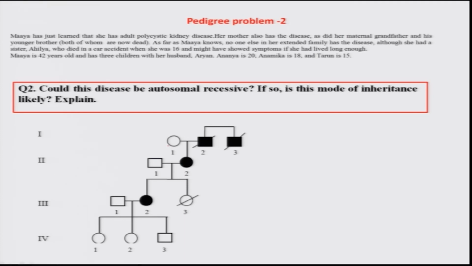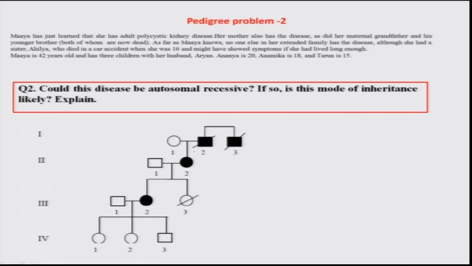And similarly, if 3, 2 has the disease, then 2, 1 should also be a carrier for the disease. But it is very unlikely that both of the persons, that is 1, 2 and 2, 2, are marrying a carrier.